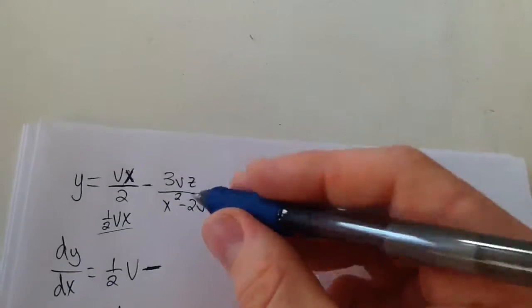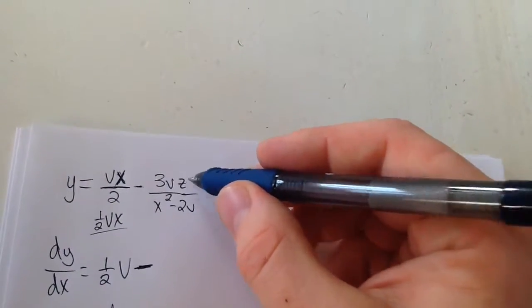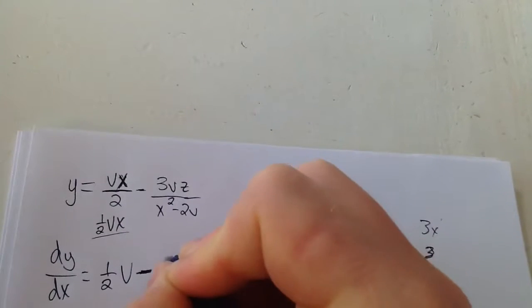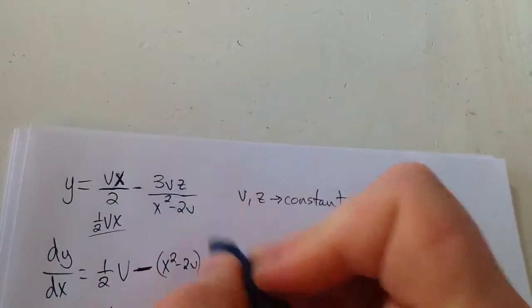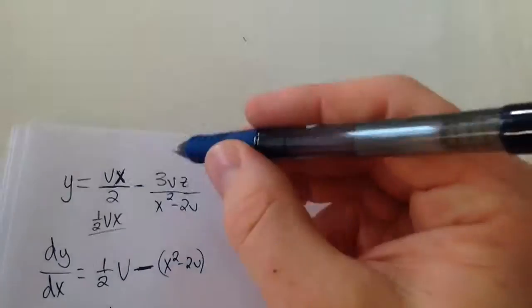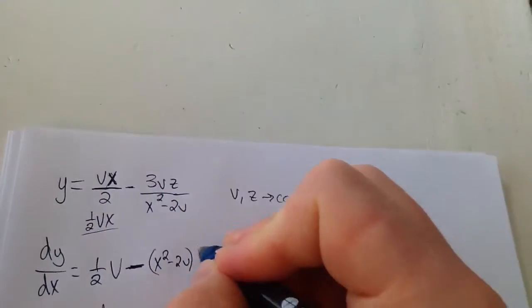That's the way I remember it. I don't remember how you guys do it. V times u prime. So you take the bottom times the derivative of the top. Well, those are just all constants. 3 times v times z. That's like saying the derivative of 6 or whatever. This is just multiplication. Constant means just numbers. So the derivative of that top is just 0.